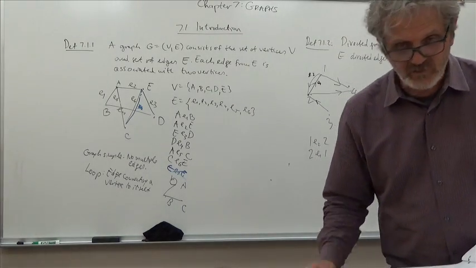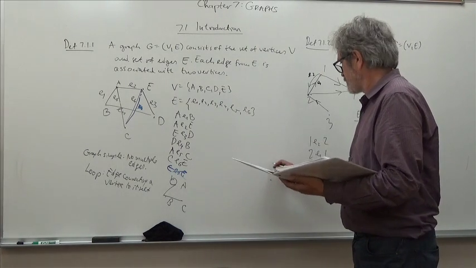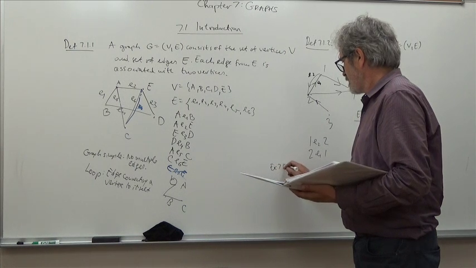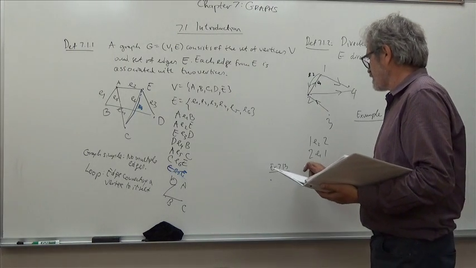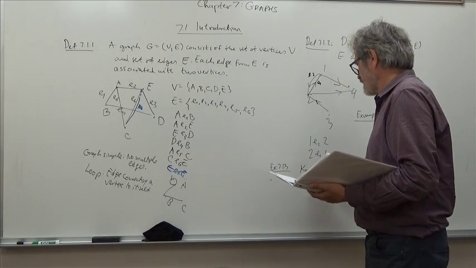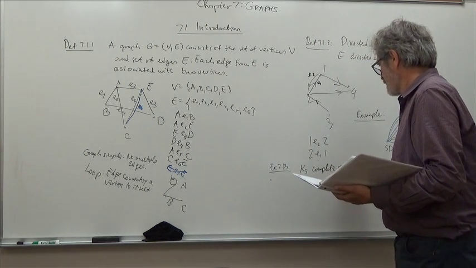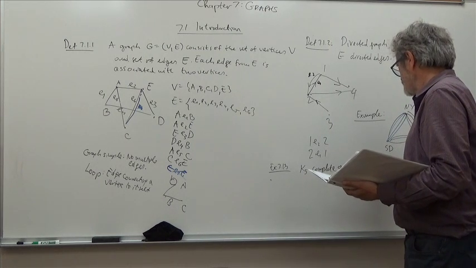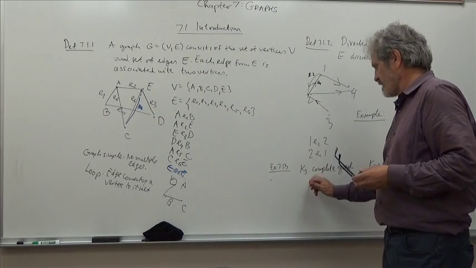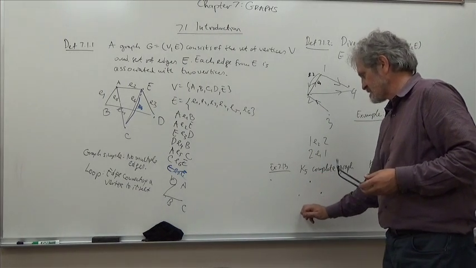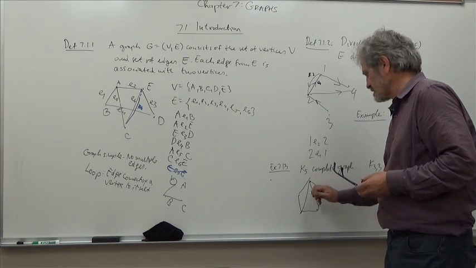As I said, we are just introducing the main terminology here. In example 7.1.3, I want to specify some graphs that are quite often used. One of them is the complete graph, K5, and then K3,3 next to it. What is the difference? When we say K5, we mean there are 5 vertices, and everybody is connected with everybody, like a pentagon, all the possible edges.